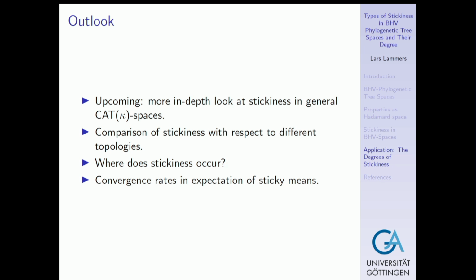It's presented as a law of large numbers in the paper of Karl-Theodor Sturm on barycenters in spaces of global non-positive curvature, and there you can find it. You can also read up that there's a book on convex optimization in Hadamard spaces, where we could also find more on it. Nice, thanks.